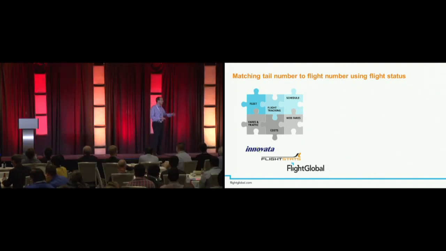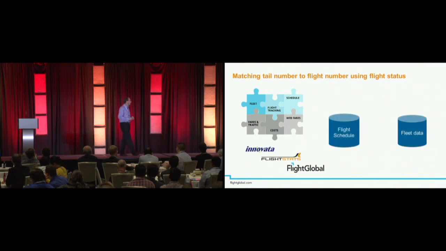And we acquired a business called Innovator, which is just up the road from here in Georgia, about 4 years ago, 2014. And they were one of the 2 producers out there of the world's global schedule. So that gave us the fleet and the schedule. But we needed the flight tracking information to be able to place an individual aircraft on a scheduled route. And that's what we've done.